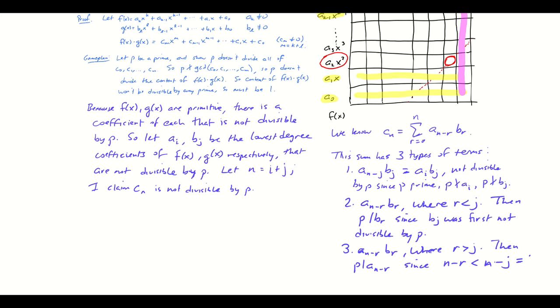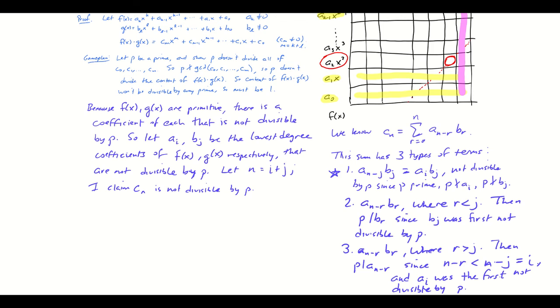And by the way, n minus j was equal to i. And we assumed a sub i was the first coefficient of f of x not divisible by p, so this one is divisible by p.